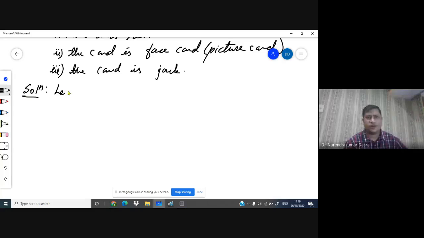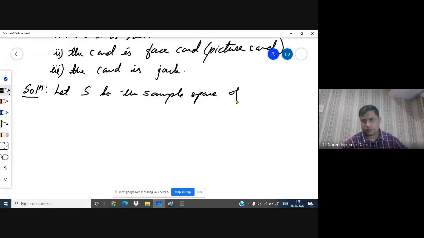Let S be the sample space of drawing a card at random.